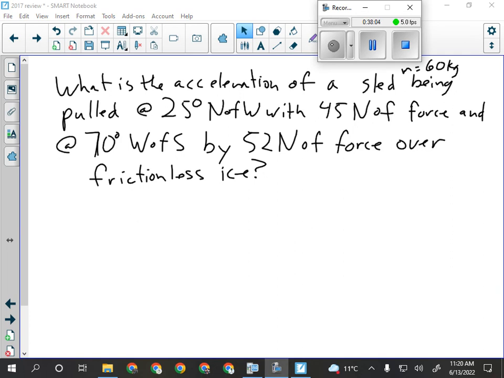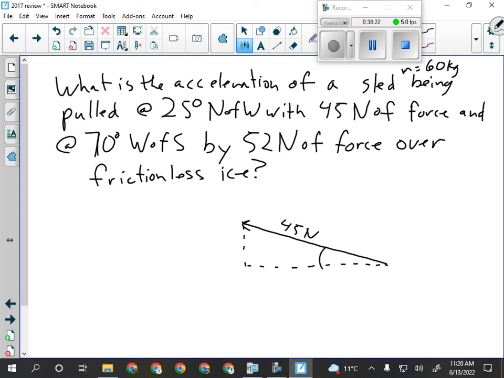I'm not going to solve the whole thing right yet. I'm just going to draw the diagram, so that we have it here. I know I didn't draw this to scale very well, but it's going to come out something like this.